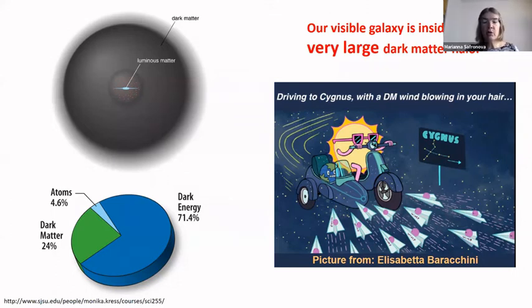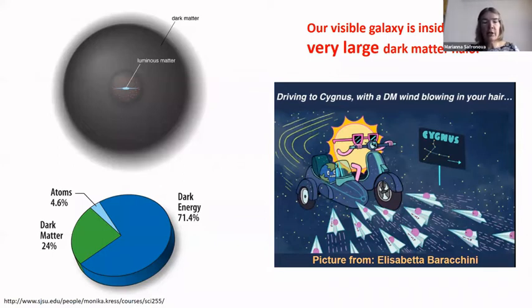And the point is that all those stars which we see in our beautiful sky are only 0.5% of the matter-energy content of our universe. The rest, of course, is gas, mostly hydrogen and helium.